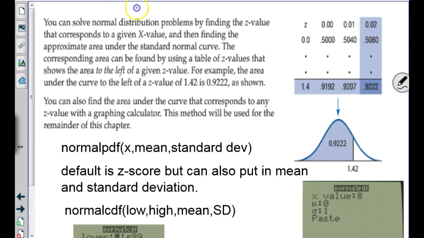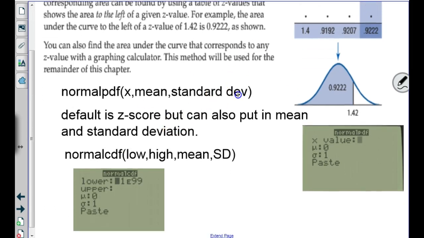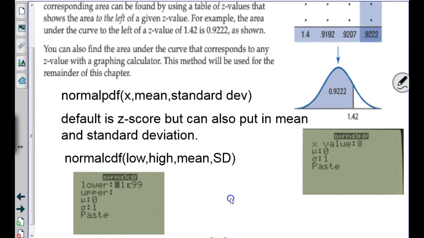So you can use the z-score to approximate the area under a curve. And they get a chart in stats, but your calculator does it for you. So I don't really know why they use this chart in stats, but they do. The calculator does it a couple different ways. You can either use z-scores or you can use the actual mean and standard deviation.